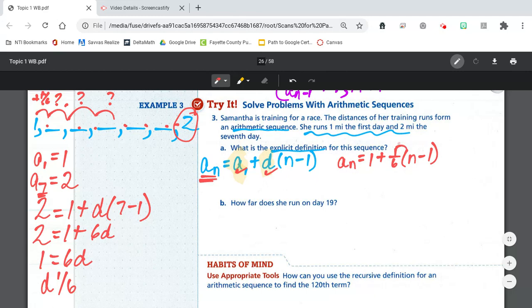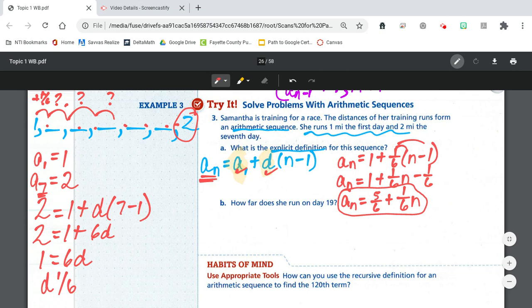So distribute the 1/6. A sub n equals 1 plus 1 over 6 n minus 1 over 6. And that simplifies. A sub n equals 5/6 plus 1 over 6 times n. So there is the explicit definition for that sequence.